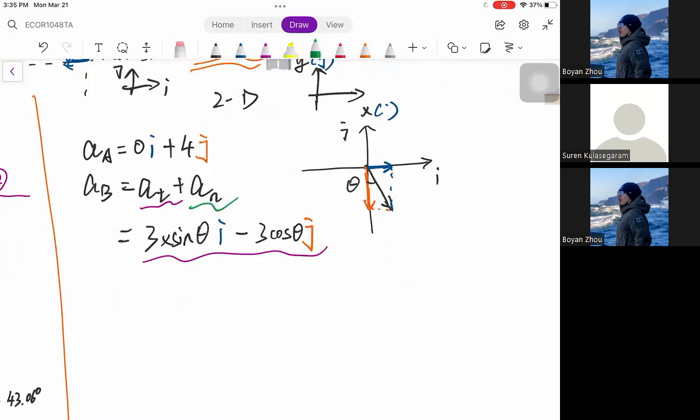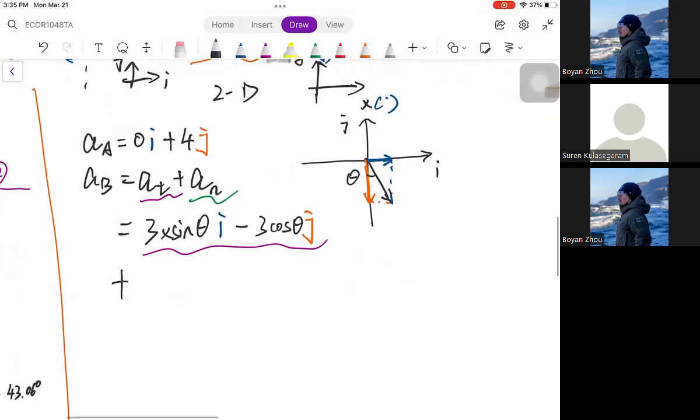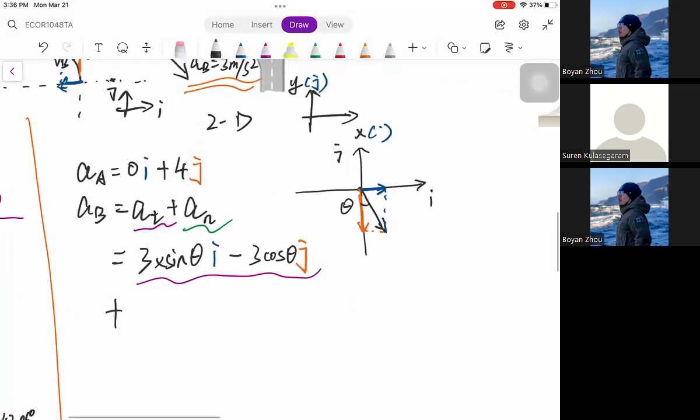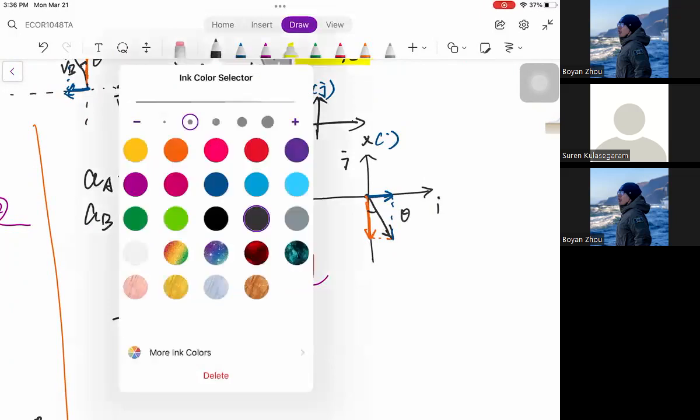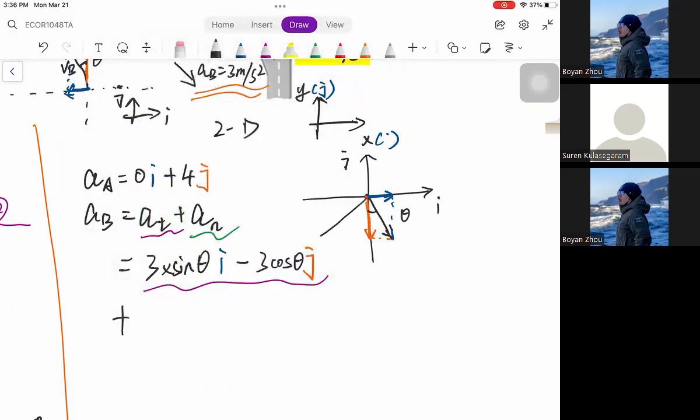The normal acceleration. So it's a plus. The normal acceleration is always going to be perpendicular to the tangential acceleration, and it's always going to be pointing directly to the center of the curvature. So the normal acceleration will be pointing this way, and they're always going to be perpendicular.